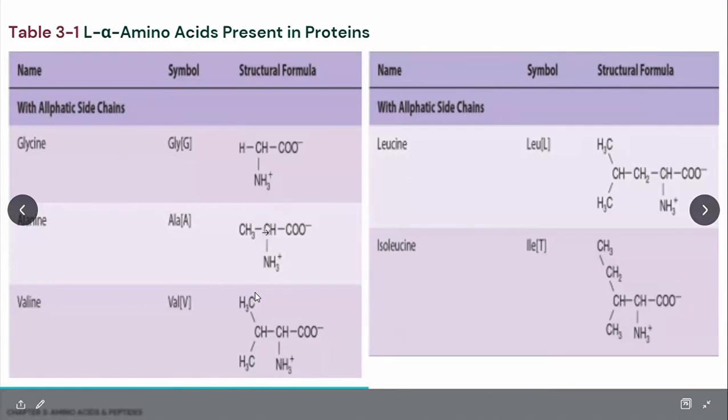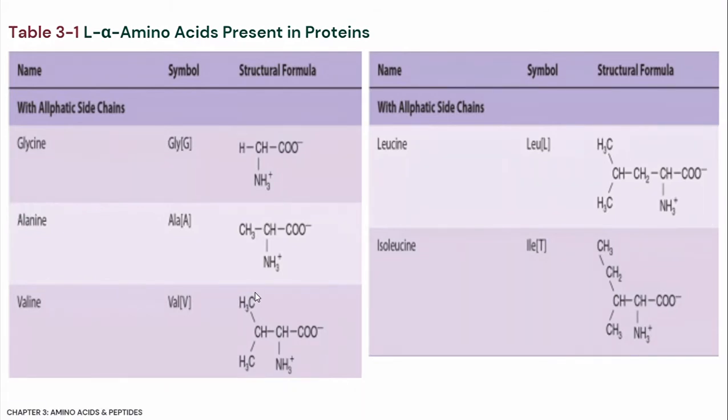While if you look at this carbon here, all the attachments of your carbon are different from each other. One is hydrogen here, this methyl group, this is the ammonium group, and this is the carboxyl group. What do you call that, when a carbon has 4 different atoms or group of atoms attached to it? What do you call that carbon?